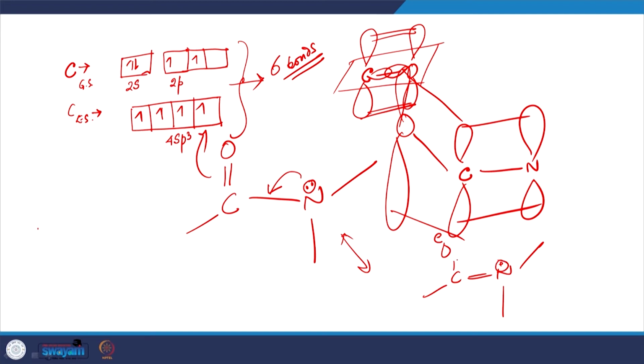Now because of that you see a partial double bond between carbon and nitrogen. So I am showing you a peptide bond.